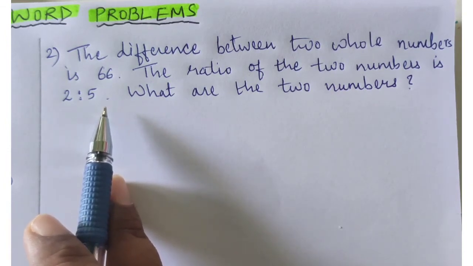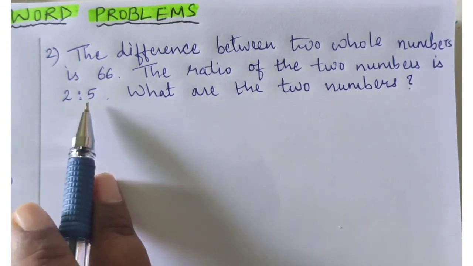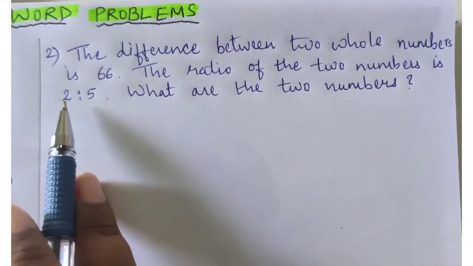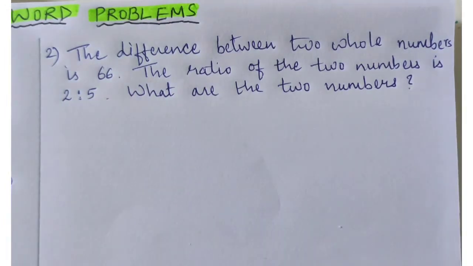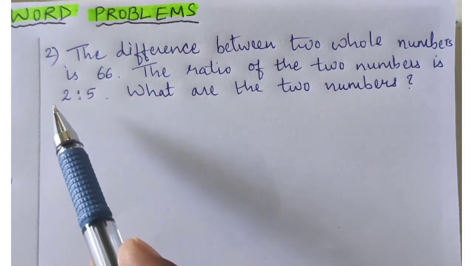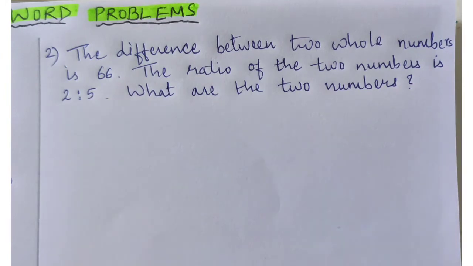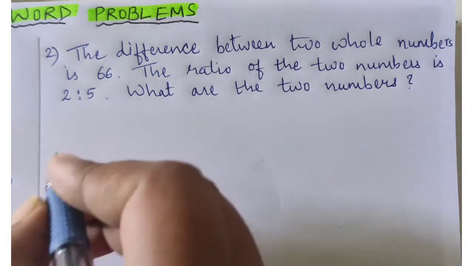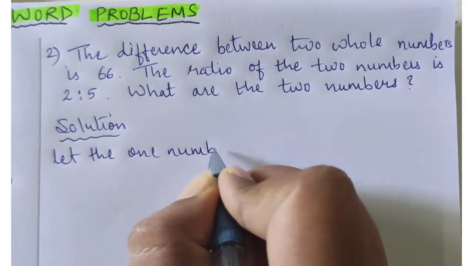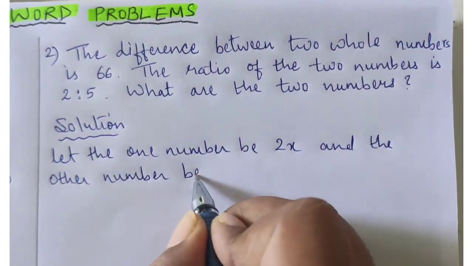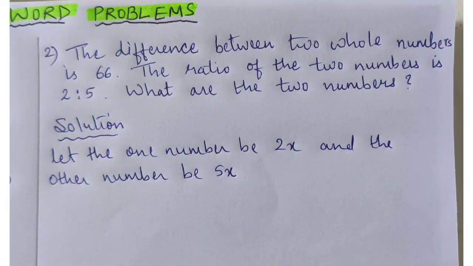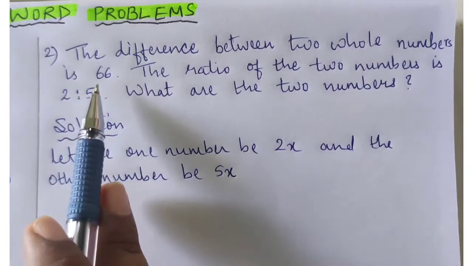So we are very well aware, students, that whenever we have ratios, we will have to put a variable to these two numbers. So let us begin with the problem. We may take one number as 2x and the other number as 5x. Now it is given that the difference between these two whole numbers is 66.